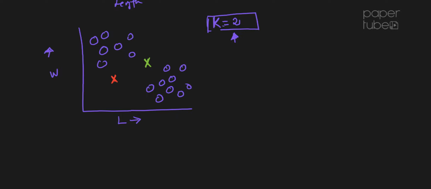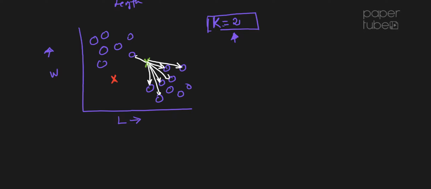So it will calculate the Euclidean distance between this green data point and all the other data points in the two-dimensional graph. Something like that.